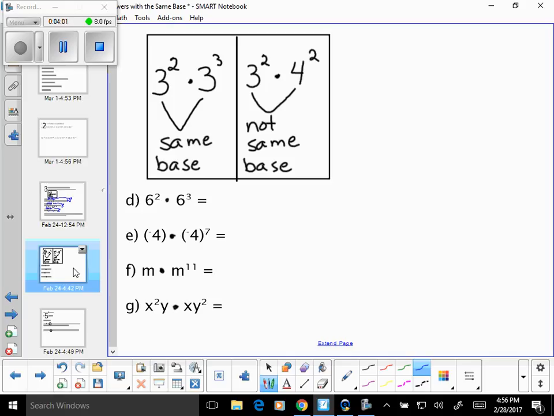So, if we have 3 squared times 3 to the third power, we are multiplying the same base. We could then add the exponents and get 3 to the fifth power.